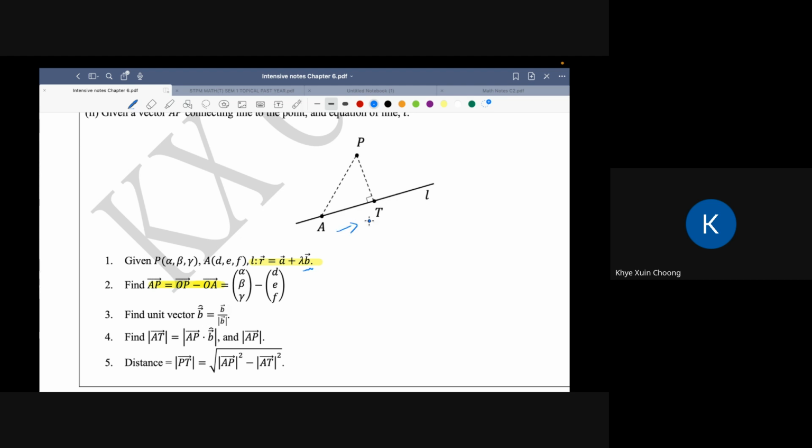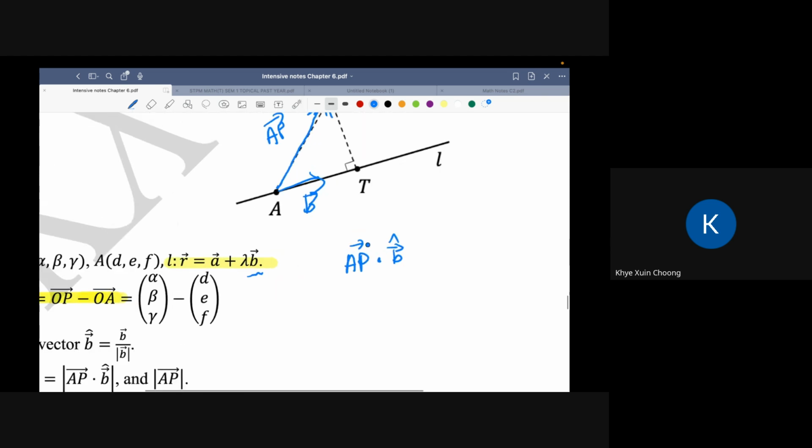I use a method similar to just now, how we found the shortest distance to the plane. So if you have the vector AP, and you have the direction vector B, then you can use AP dot B cap. You dot with the unit vector of B.